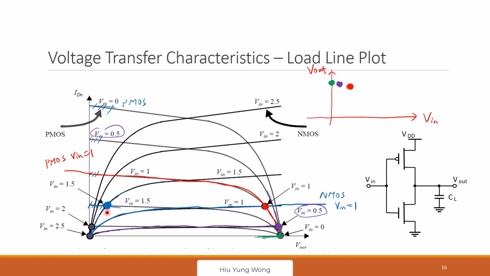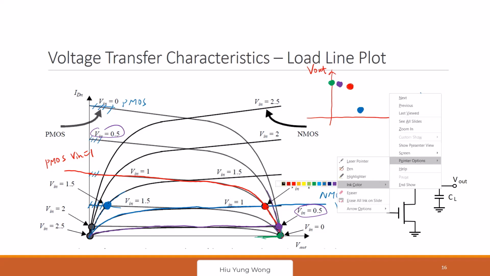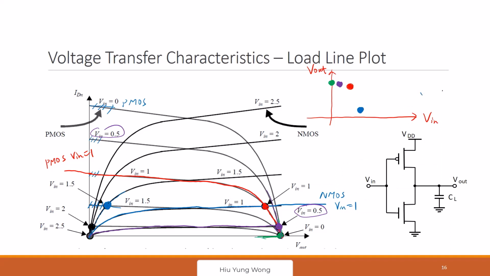V out jumps quickly from high to low. And that is the characteristic of the device, right? And you continue something similar, which I'm not going to repeat. You get this black dot. And then you get this VTC. Okay, so this is the load line method.